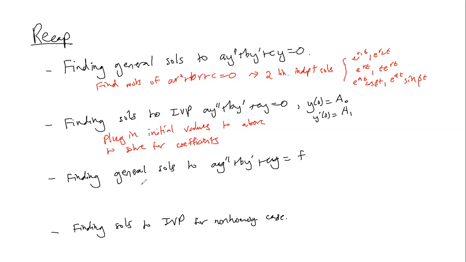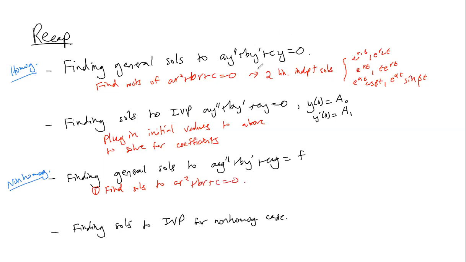And then now we're on finding solutions to the non-homogeneous case. So this is non-homogeneous. This is the homogeneous case. Okay, and so we said that this comes in two parts. So you need to first find solutions to the associated homogeneous case.